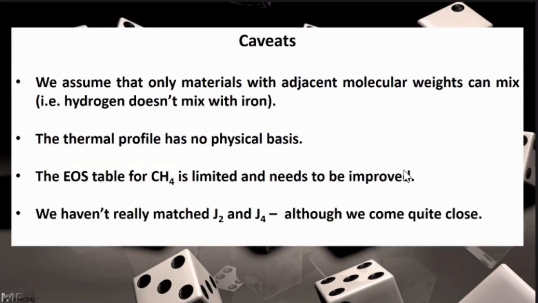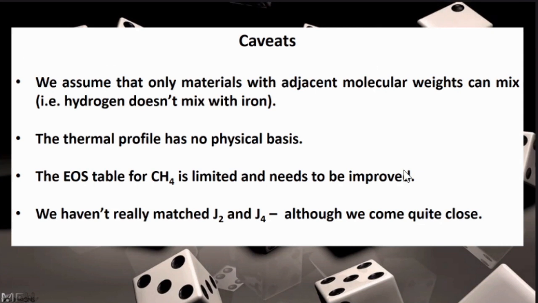There are caveats. We assume only materials with adjacent molecular weights can mix. We have a way of dealing with other things. For example, I can put hydrogen into the center, but it's not as neat as this, because when you have only two things mixing, everything is fixed and constrained. If you have three things mixing, then you've got a little bit more freedom and you have to deal with that.